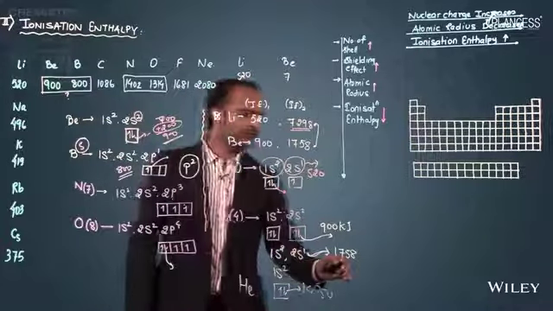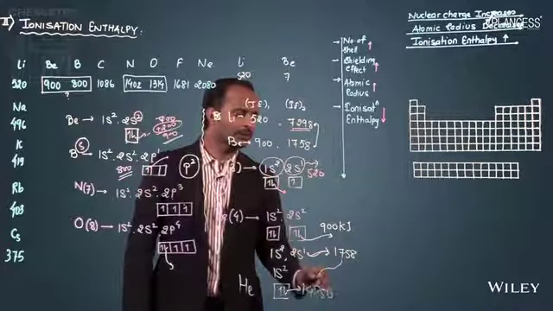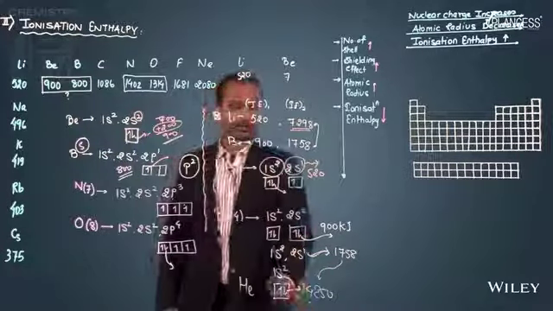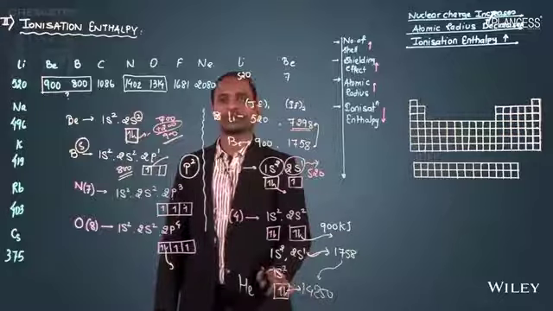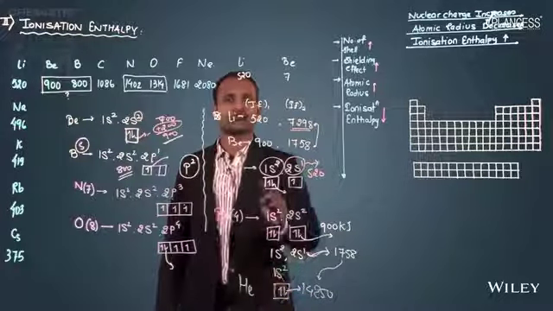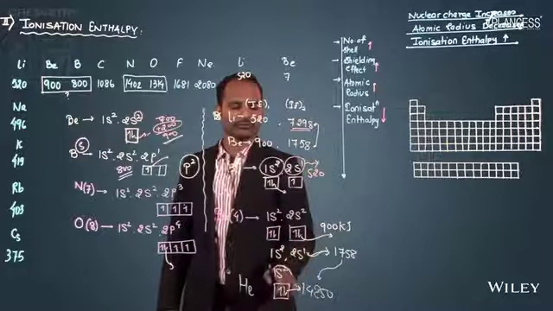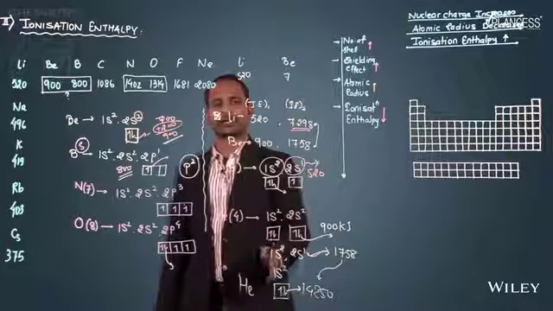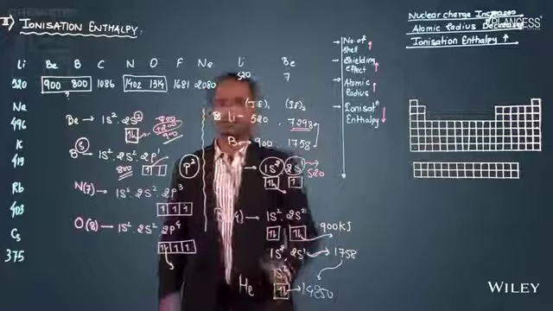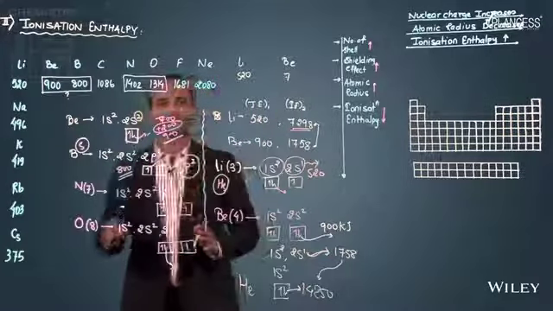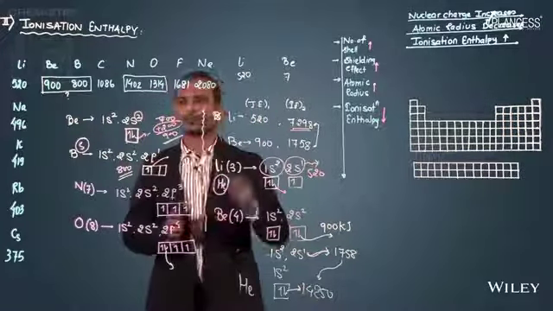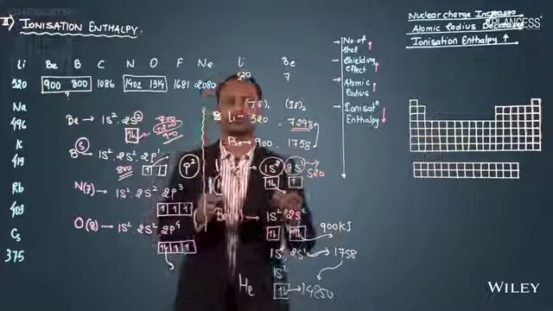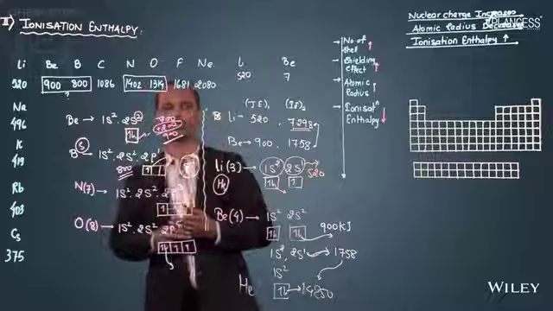You can see the large difference between the second and third ionization enthalpy, which is only because of the stable configuration of beryllium after losing 2 electrons. To remove the third electron, you have to break the duplet stability. So this is about ionization enthalpy, the factors which affect it, and how its value changes because of the electronic arrangement.